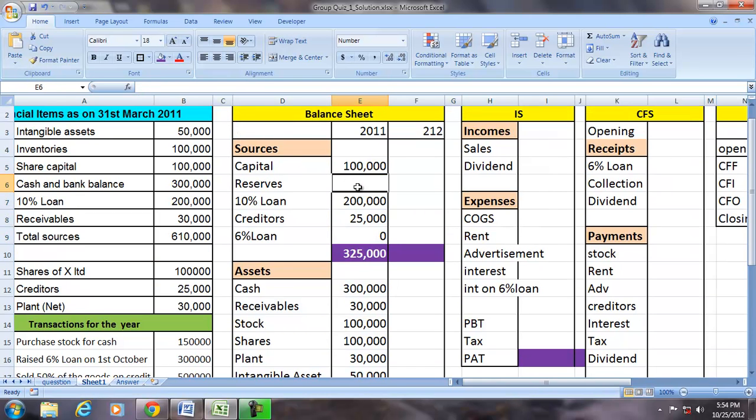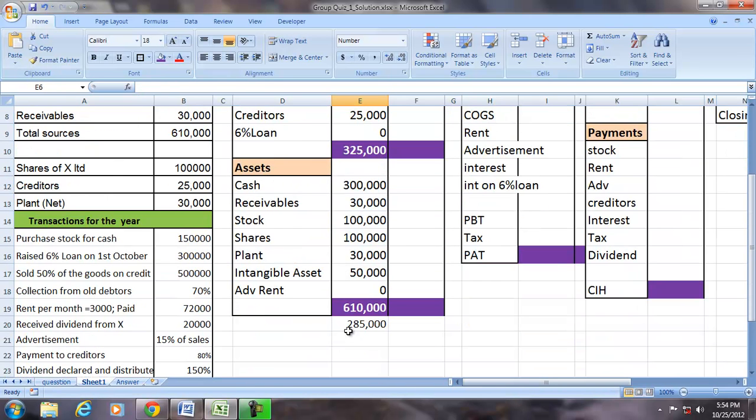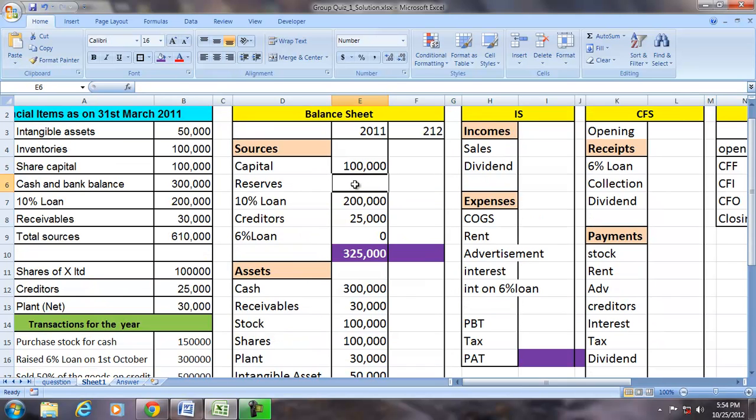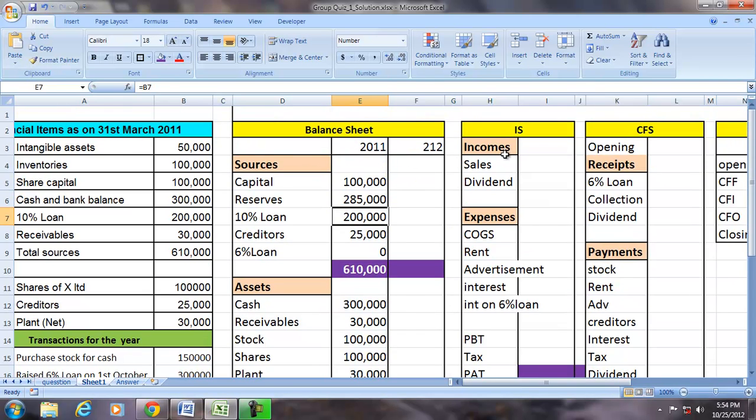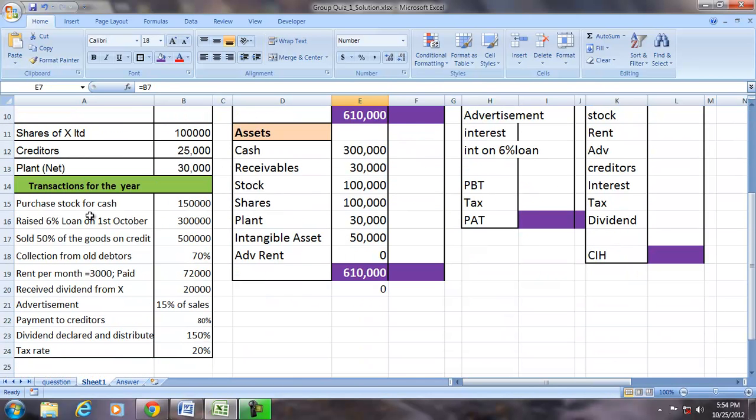So the balancing figure, 285,000, will be treated as reserves. So with this opening balance sheet, we'll now prepare the financial statements using the transactions given here under.